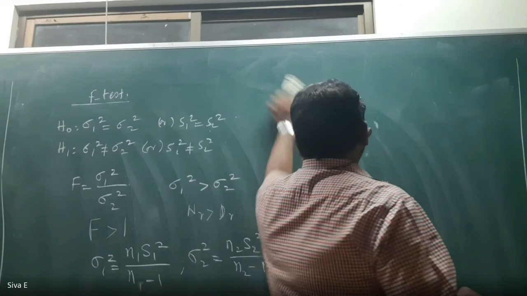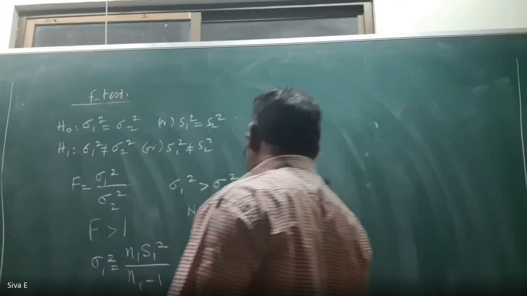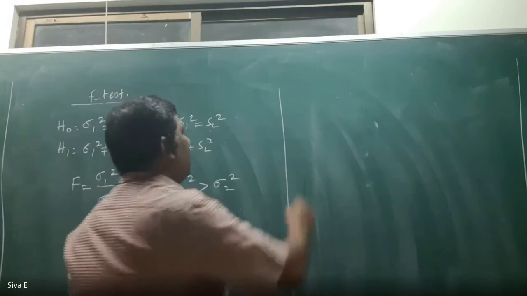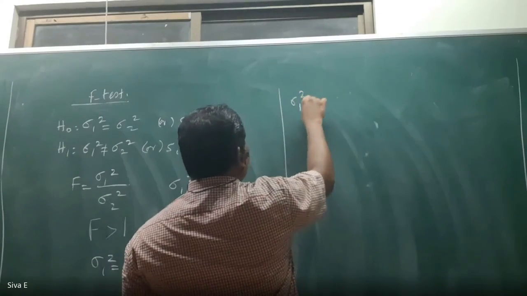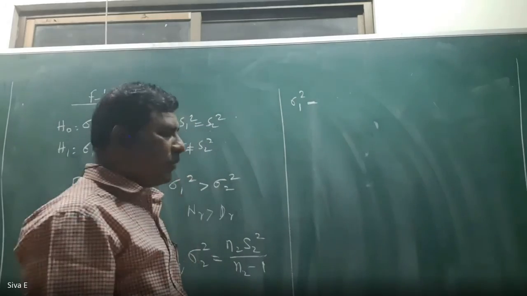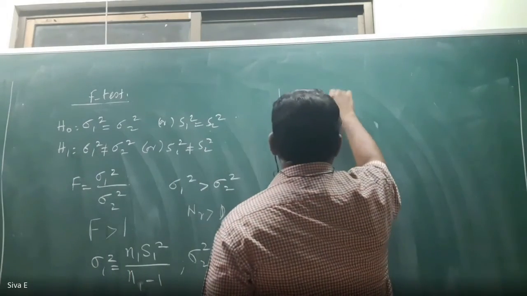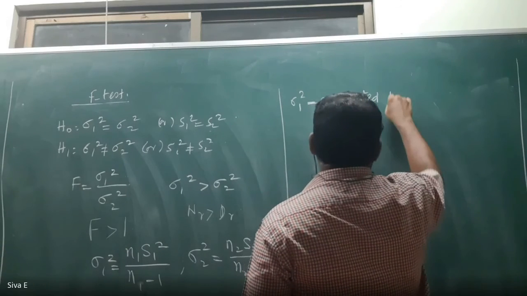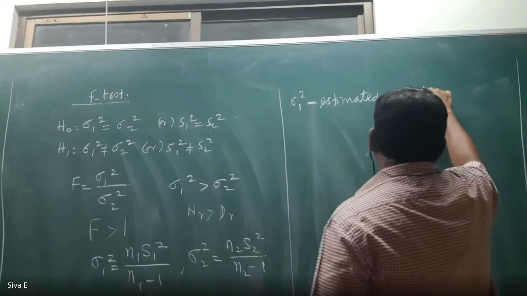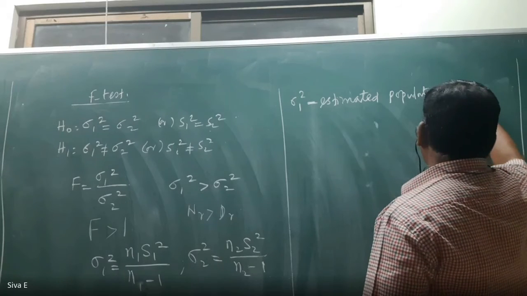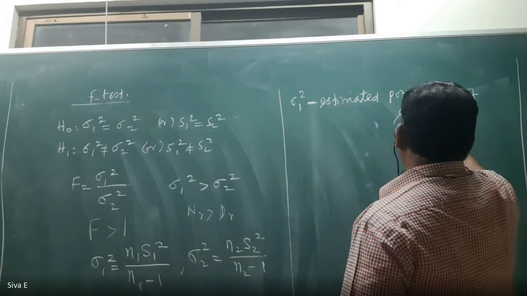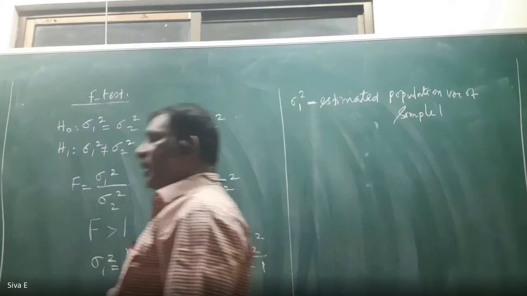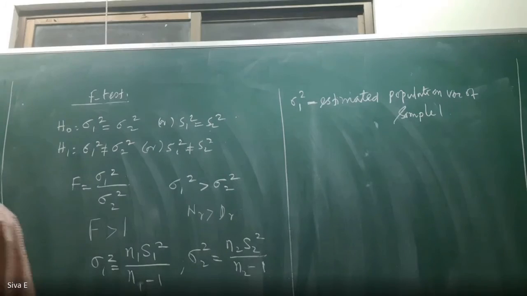Sigma 2 square equal to n2 s2 square by n2 minus 1. Here, sigma 1 square is the estimated population variance of sample 1.